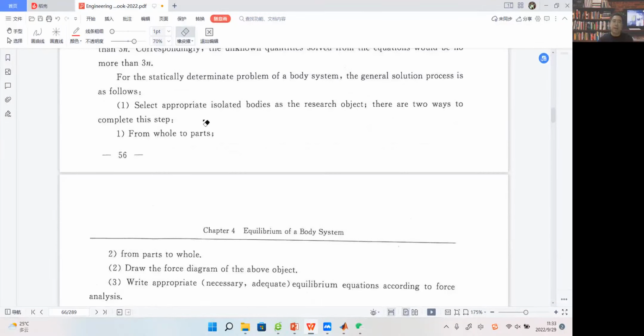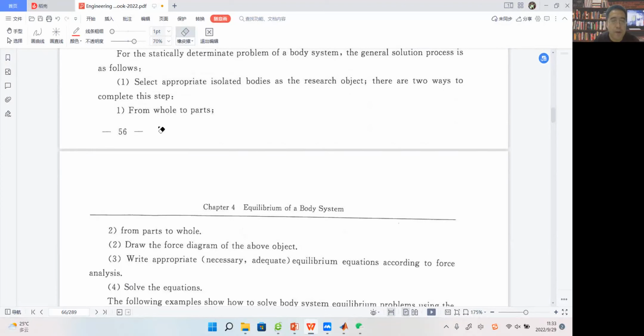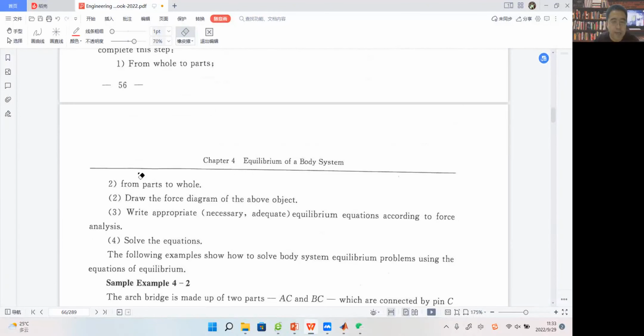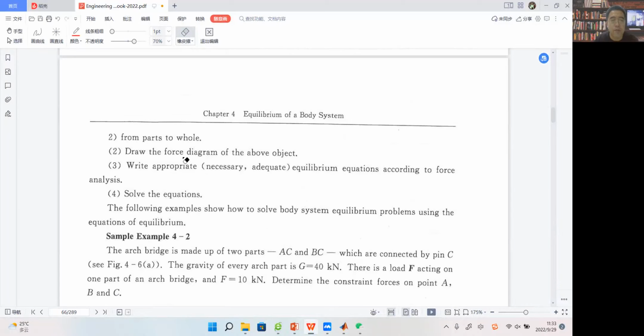In Chinese, I can show you: 选择一些个零件作为研究对象. And there are 2 ways to complete this step: from the whole to the parts, and from the parts to the whole. Then draw the force diagram of the above object.